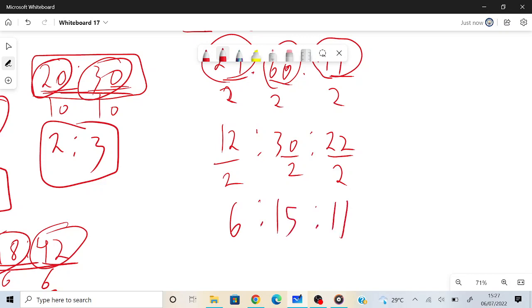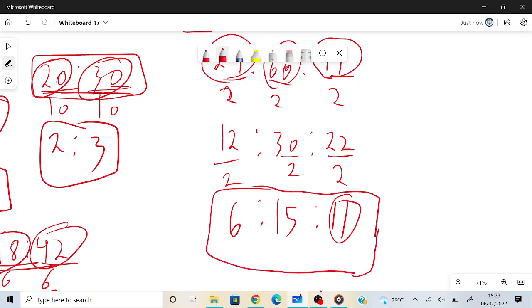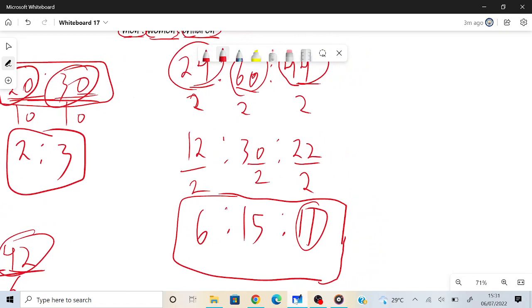And I think that is the final answer, because it's no more divisible, because 11 is a prime number. You can only divide it by itself and by 1. So this is your final answer for this question. So that is the answer for that.